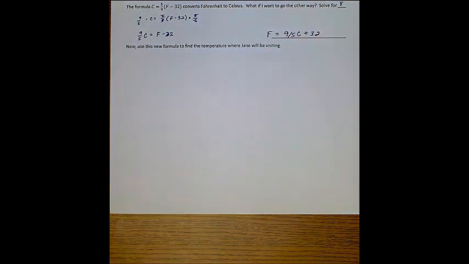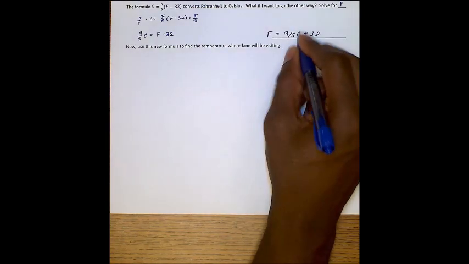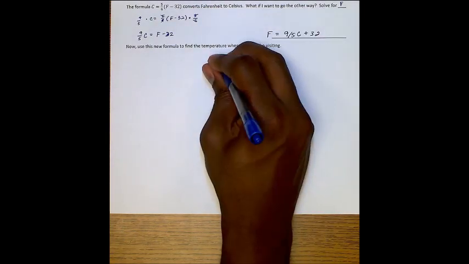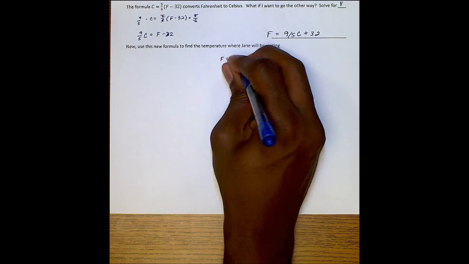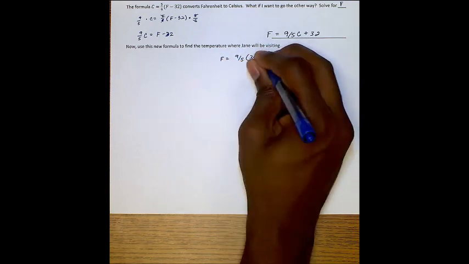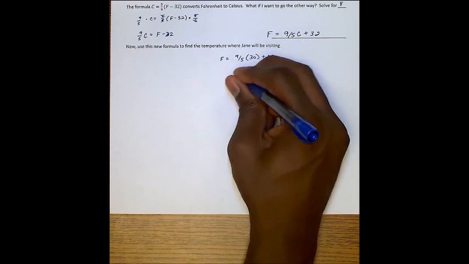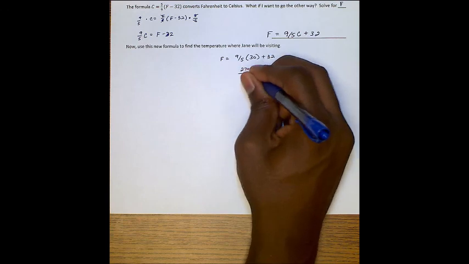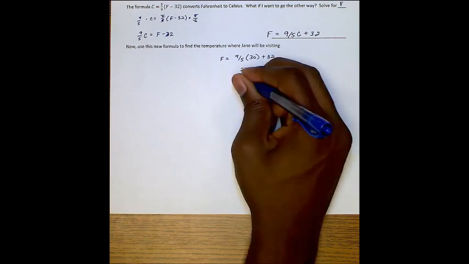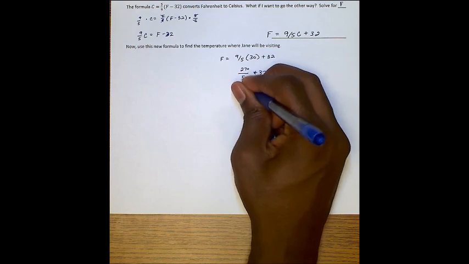And so now I'm going to use the formula to find out what kind of clothes Jane should pack for her trip to Europe. So, if C is 30, then F will equal 9/5 of 30 plus 32. 30 times 9 is 270. 270 divided by 5 plus 32. 270 divided by 5 is 54, plus 32.